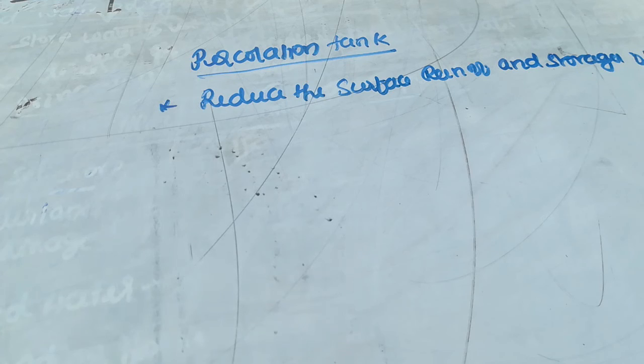For that reason, a percolation tank can be used to reduce the runoff, and to percolate and recharge the groundwater storage.